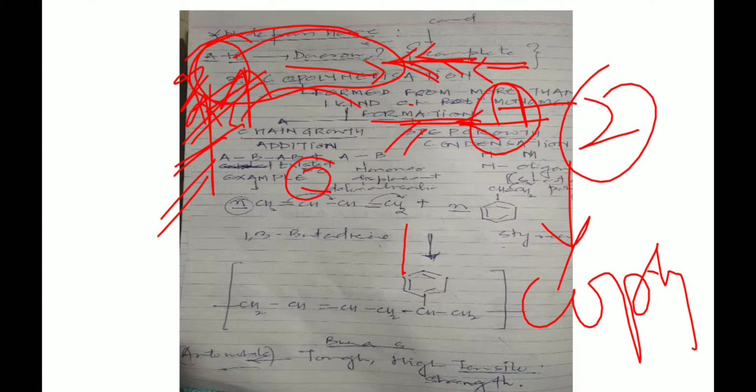Similarly, in condensation polymerization, which is step growth polymerization, monomers can be added to monomers, or added to oligomers. Basically polymers can be added to a polymer. It depends upon the particular reaction or condition how it is formed.